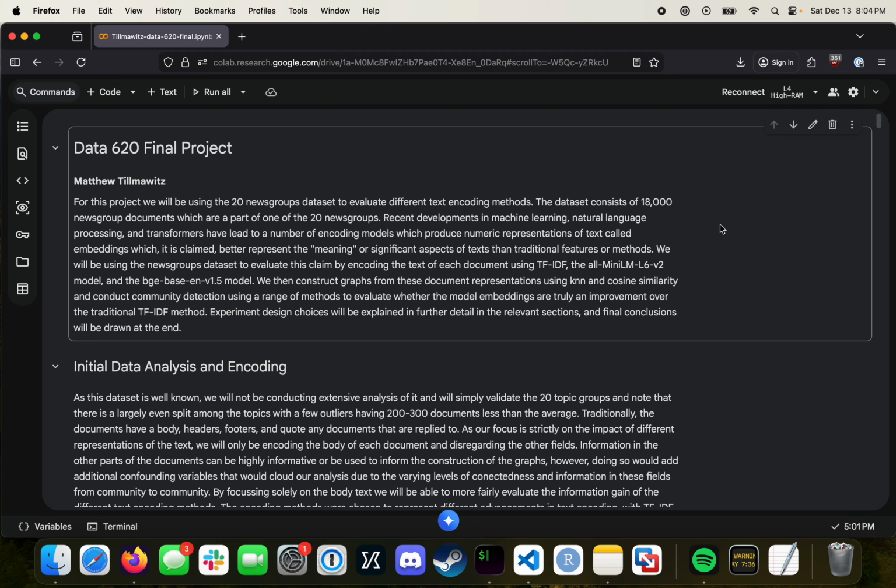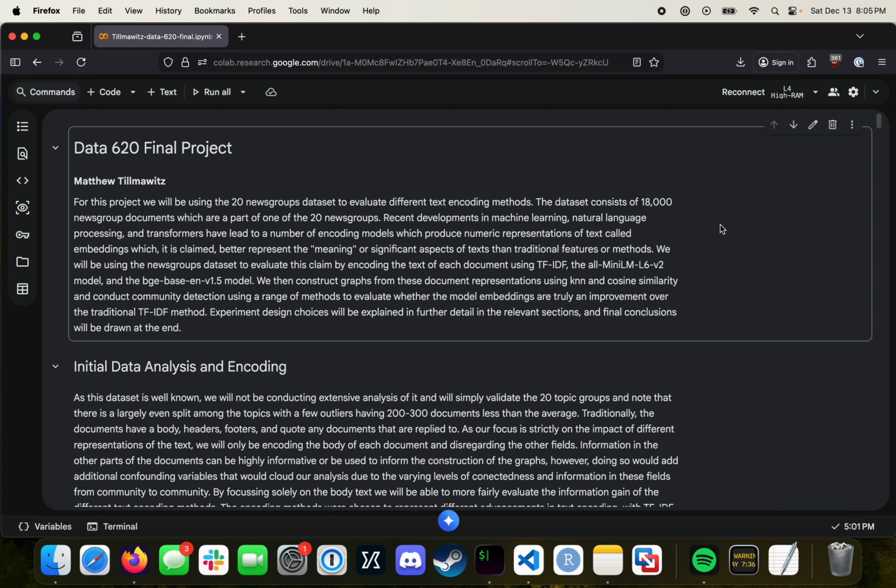We're going to be considering TF-IDF as our baseline method, and we will be looking at two sentence transformer models: the All-Mini-LM L6 V2 model, which is a well-established model that's been around for several years and is well regarded, and a newer, more state-of-the-art model, the BGE Base English V1.5 model.